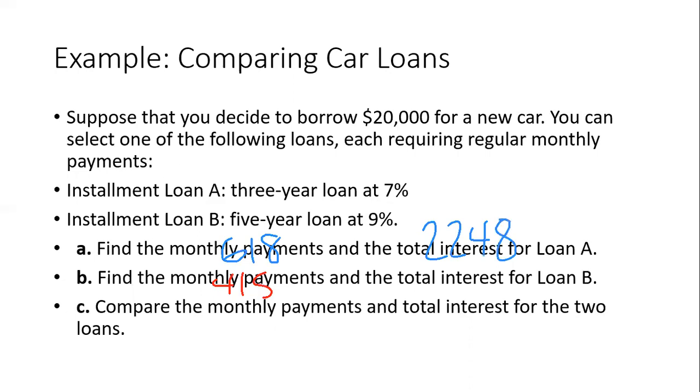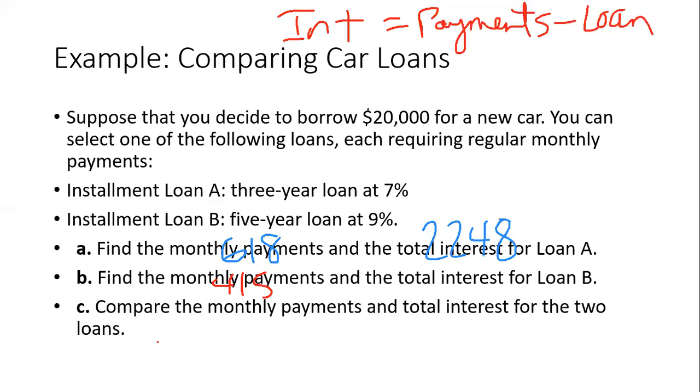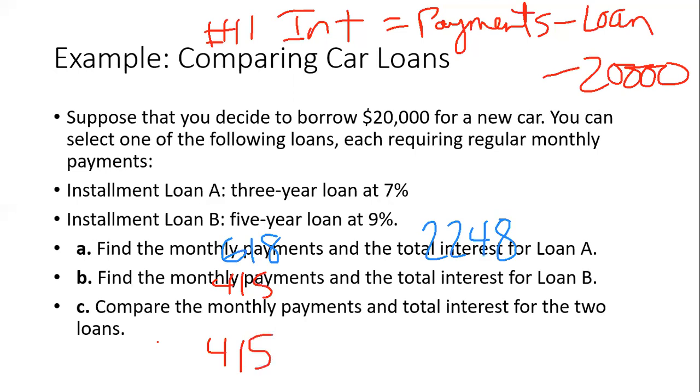So now let's calculate it for loan B. So we have the interest equals all the payments minus the loan amount. That is formula number 11 again. So subtract 20,000 for the loan, and if we pay $415 for 12 months, that gets us 1 year.